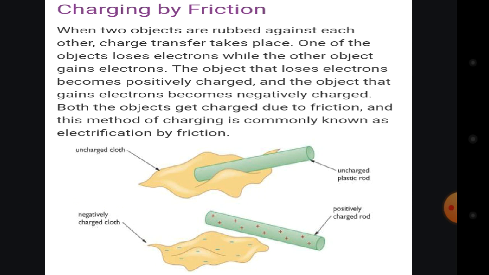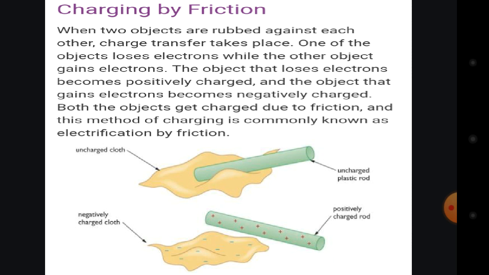When two objects are rubbed against each other, maybe a plastic and a cloth, then one of the objects loses electrons.